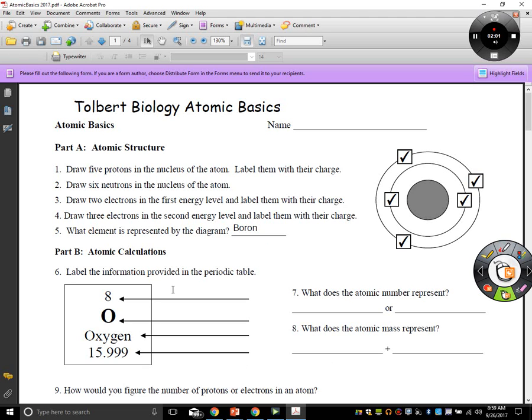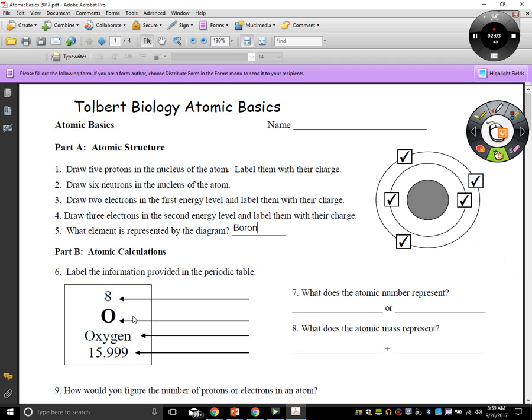We're going to name these different fields here. This first arrow is pointing to the atomic number. The next one is the symbol, followed by the name and the atomic mass.